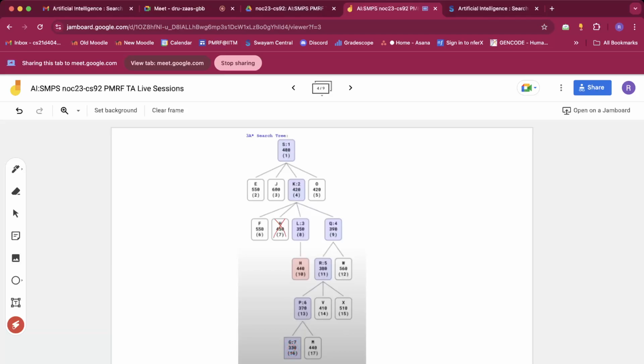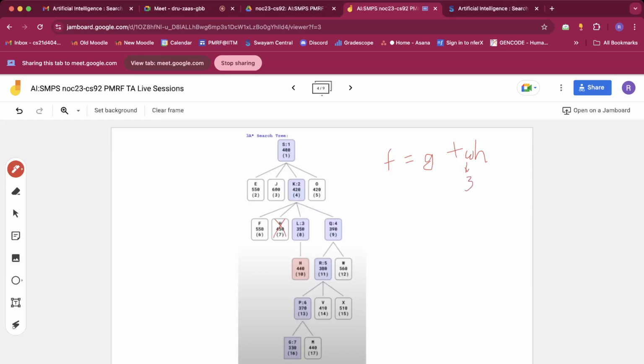Okay, and now about a quick recap of WA star. So the only difference between WA star and the normal A star is the addition of this weight over here. So in normal A star, what we do is we write this F value as G plus H. The difference in WA star is that we write F is G plus some weight into h, which is 3 in our case.